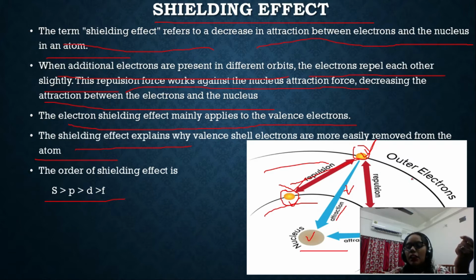Like in this outer orbital also, here one electron, here one electron we have. So these 3 electrons will repel with each other, both will have the repulsion.